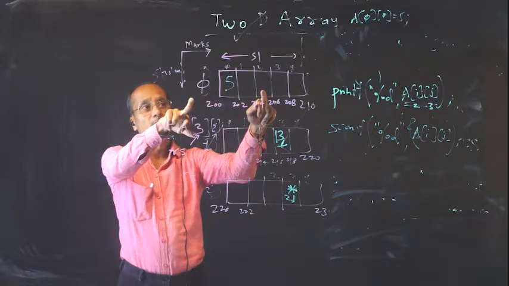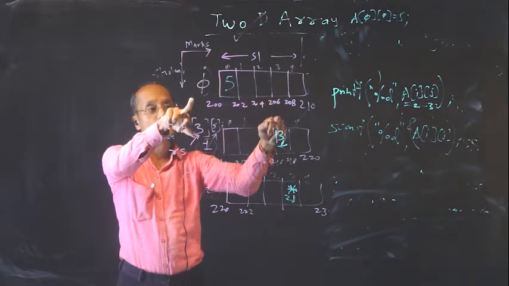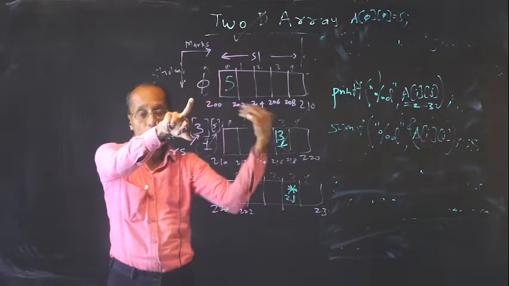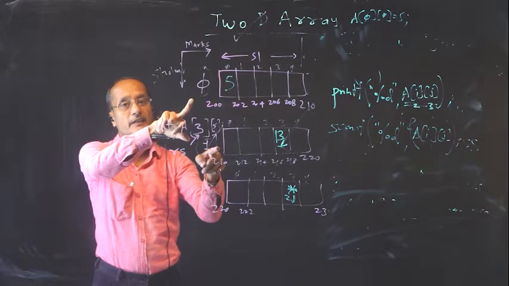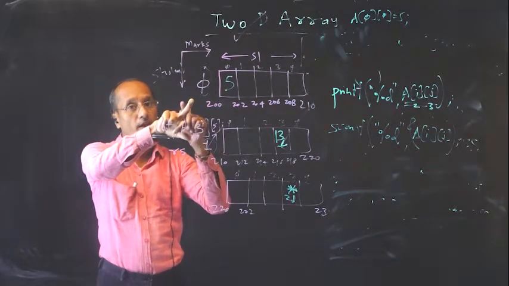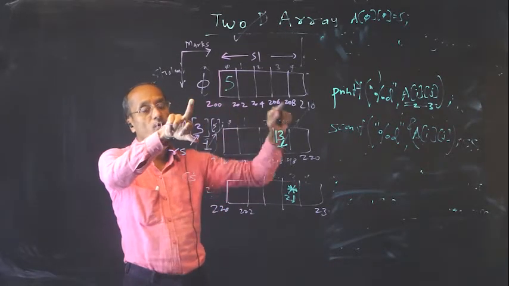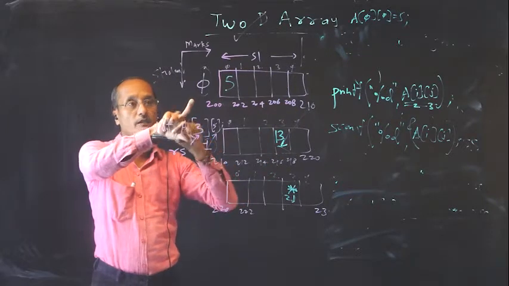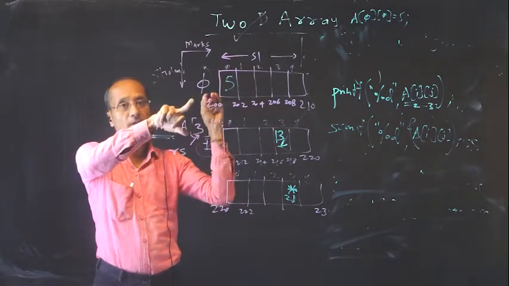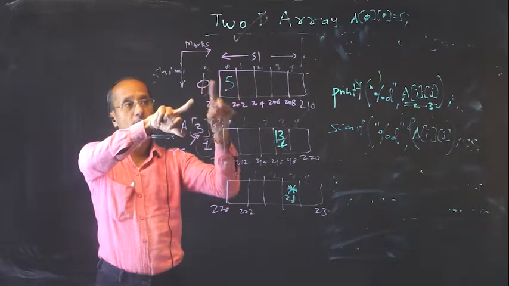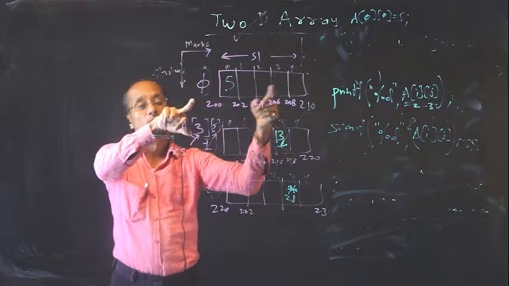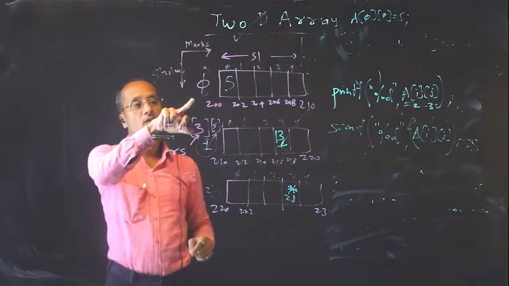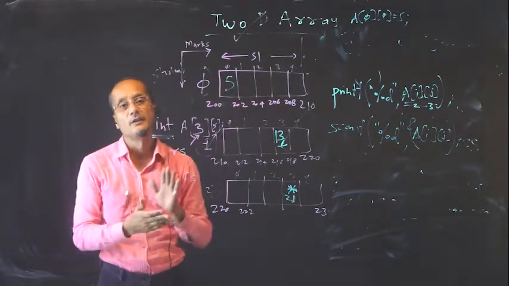But suppose my row index is 1; then row index 1 indicates skipping one row of elements. One row here contains 5 elements, so to skip one row I need to skip 5 memory locations.